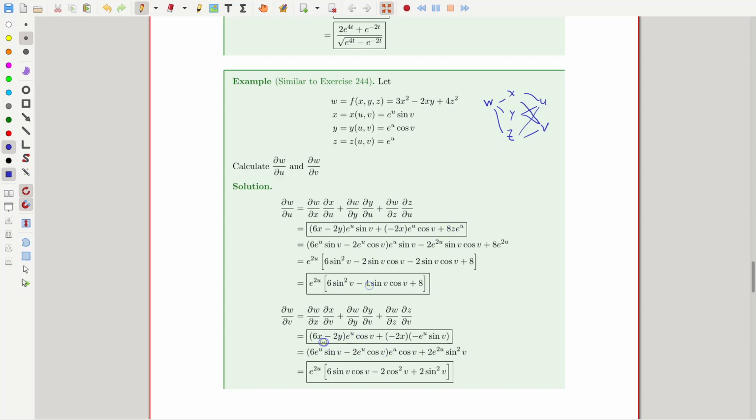And in this one, we have x and y. So you have to sub those in with the definitions that you're given. And then simplifying allows me to write it in a slightly better looking format. Okay, so that's 244. I think yours is about the same level of difficulty.